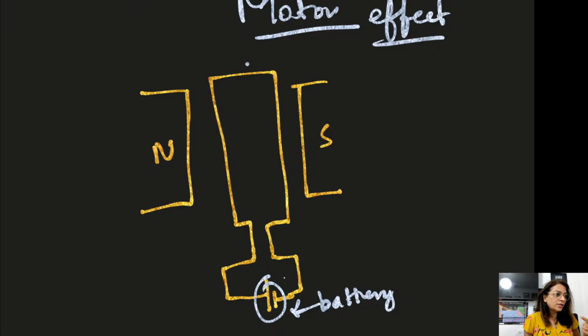In which direction does the current go? Negative to positive or positive to negative? Yes, it is positive to negative. So you go from positive to negative like this.